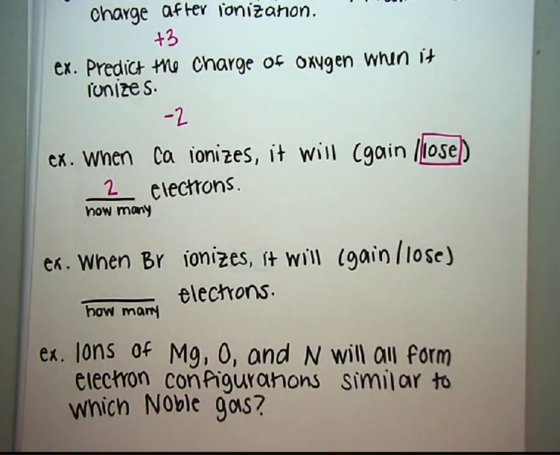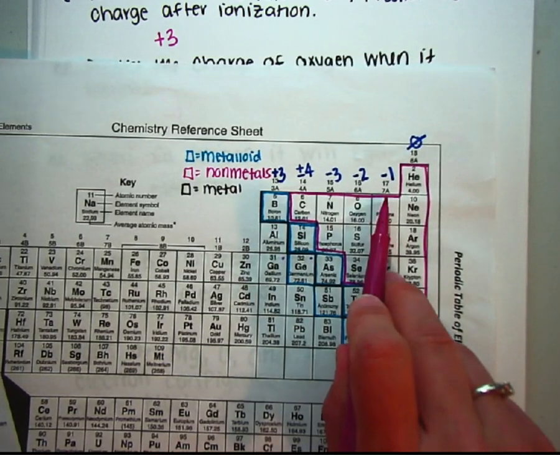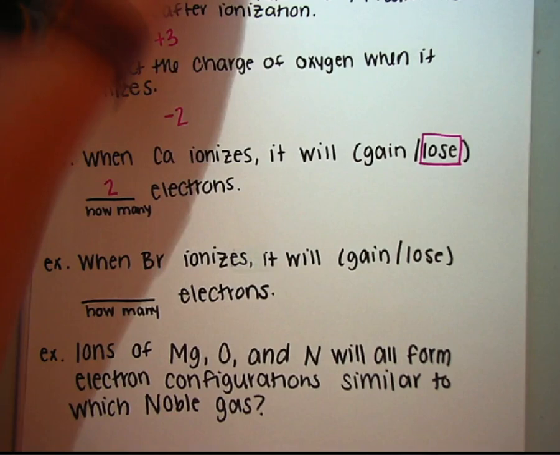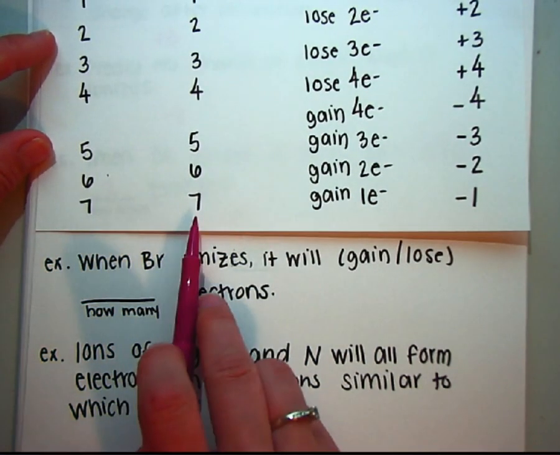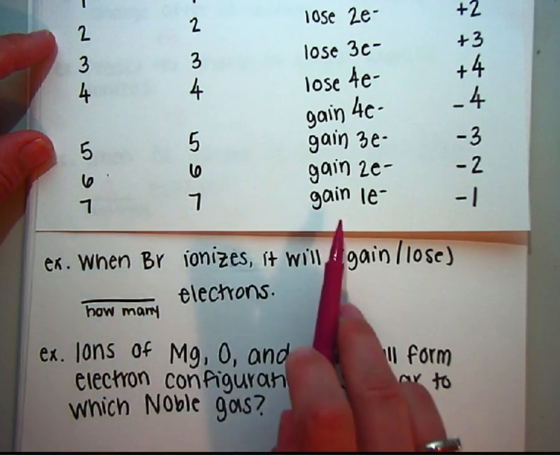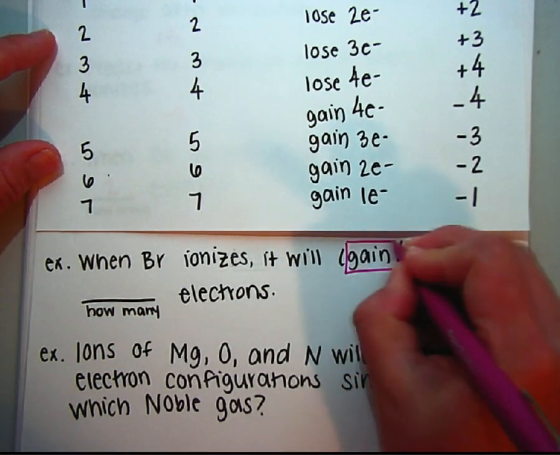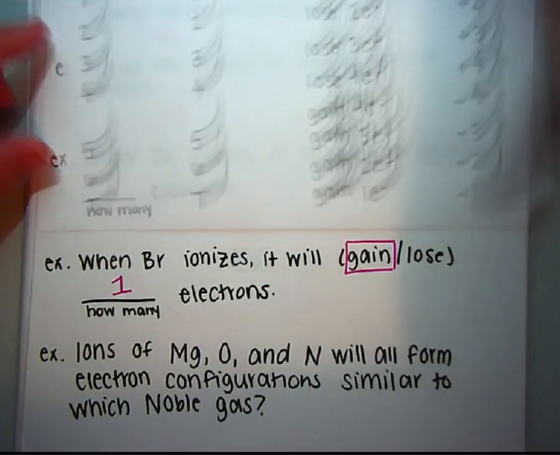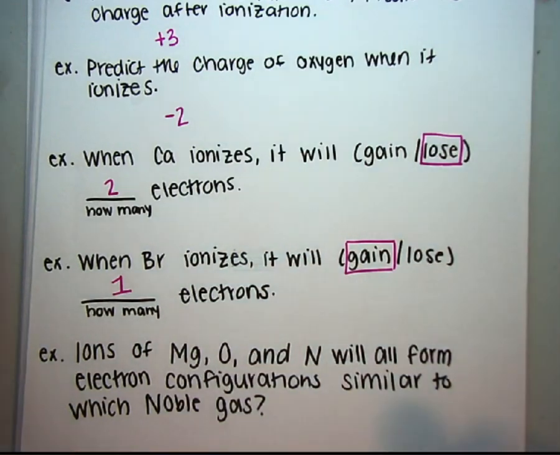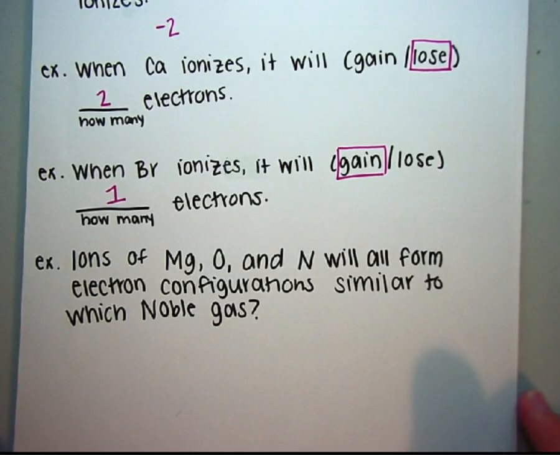Let's find bromine. Bromine is right here. It is in group 7. It has 7 valence electrons. It wants 8. Therefore, it is going to gain 1 electron. Again, the whole reason that elements ionize is to have 8 valence electrons. It wants those full s and p orbitals.